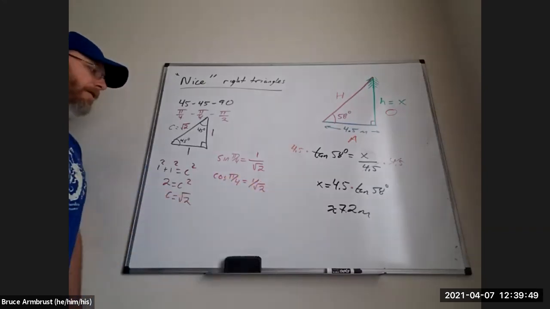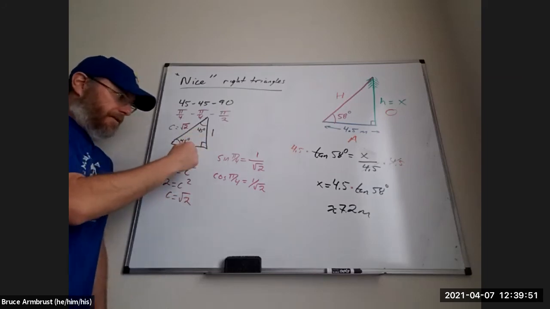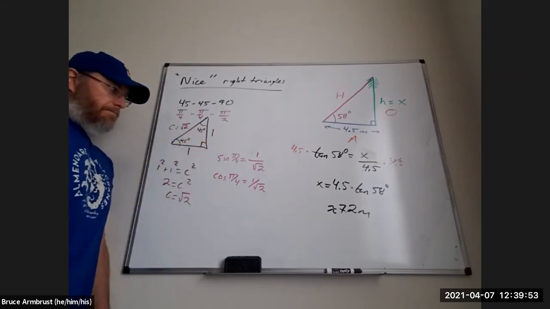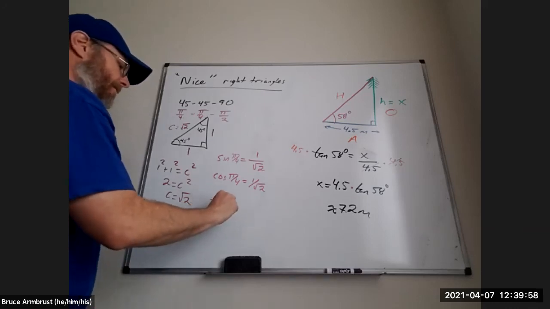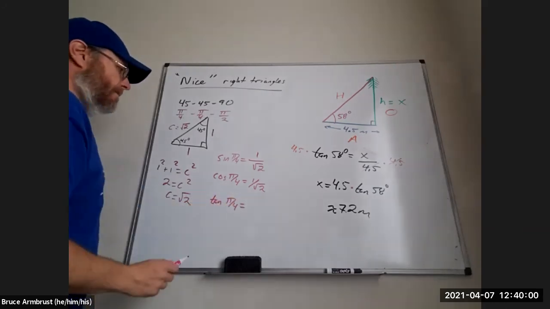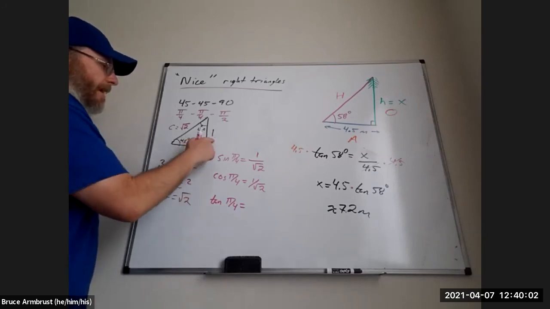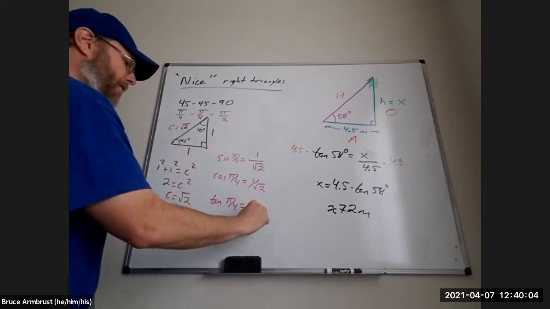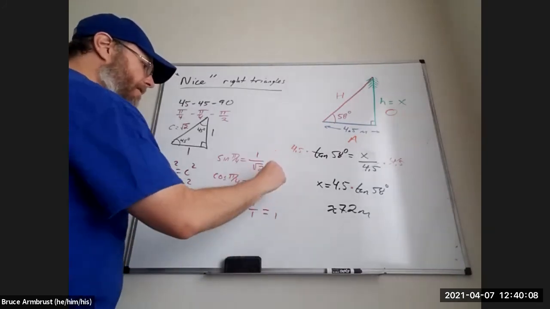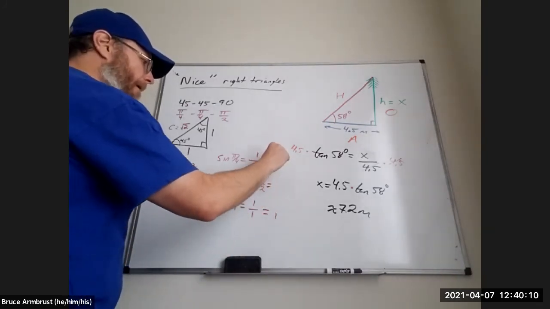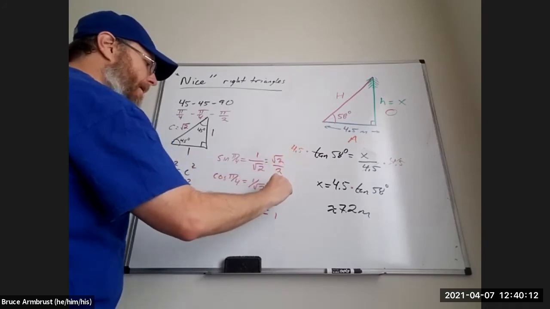It's also 1 over root 2 because these two sides are the same length. All right, the tangent. Well, it's opposite over adjacent, which is 1 over 1. So for the big three, we get these values.